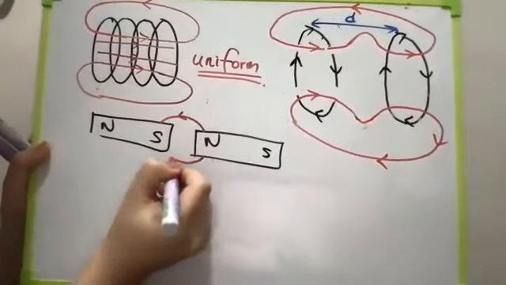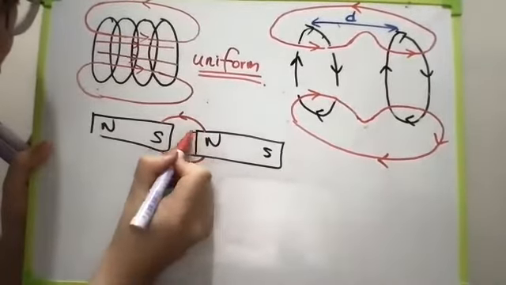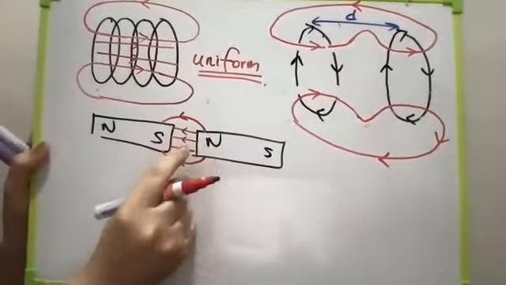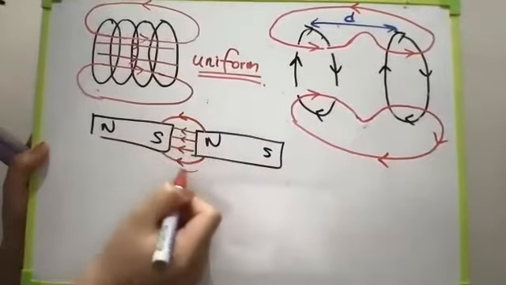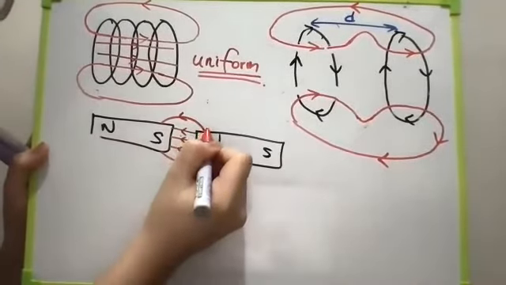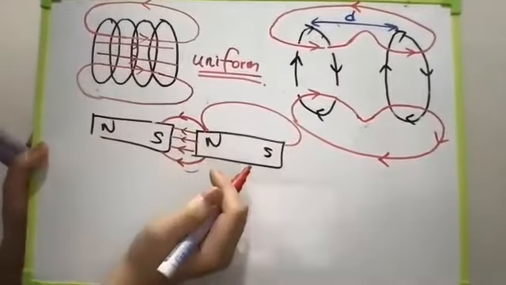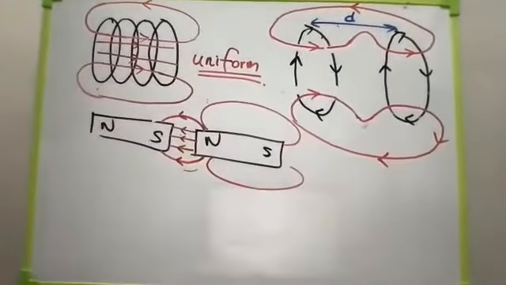Like this, and then at the center here, it is also uniform. Any point here has the same strength, but here, no. And of course this one can go to the back, this one goes to the back.